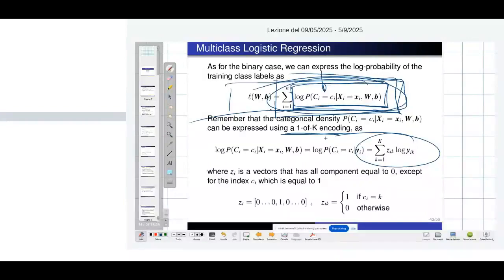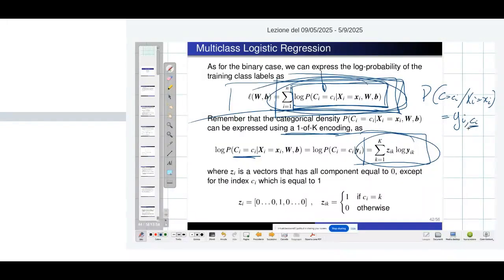We already saw when it made sense with the multinomial model. Here, we will use it again. If we have a categorical random variable, the probability that the class is Ci will be equal to yi Ci, so the component Ci of the vector of probabilities.